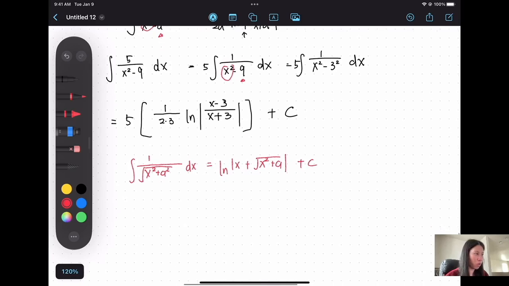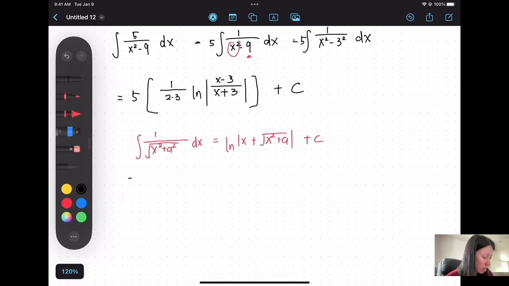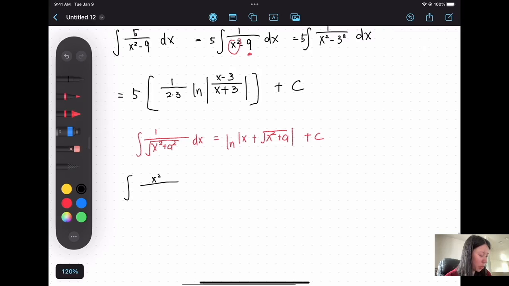Okay, so the example is such as x squared over the square root of x to the 6th power plus 16.